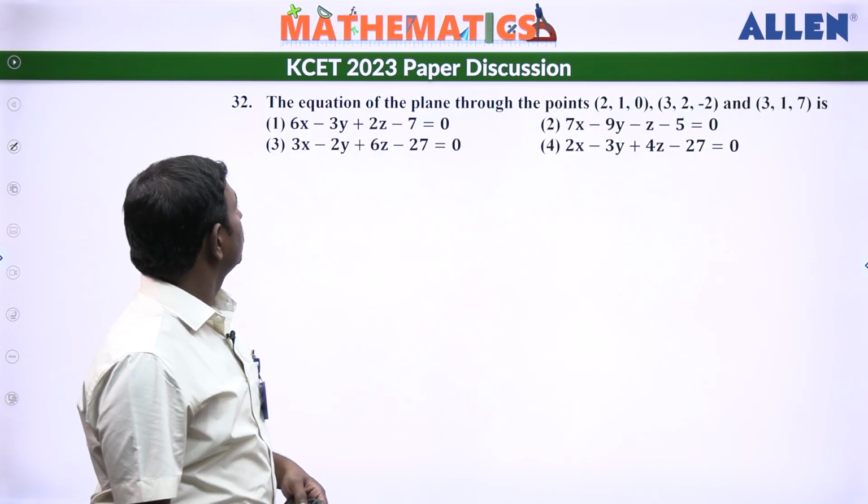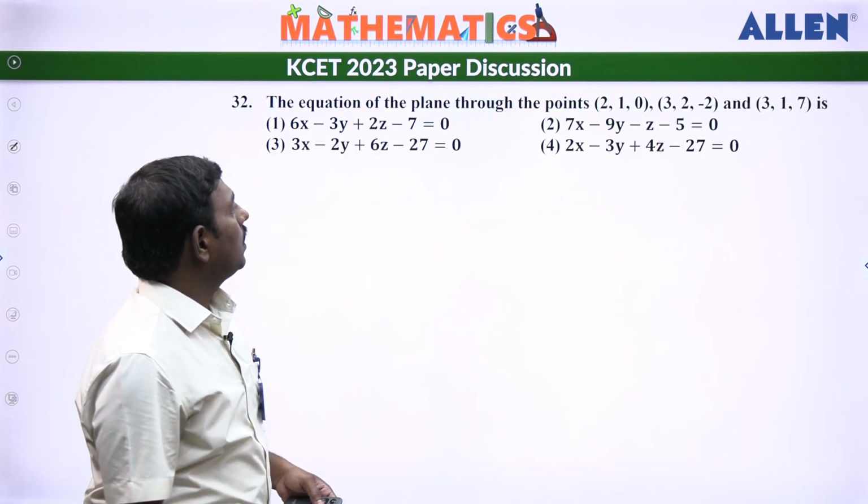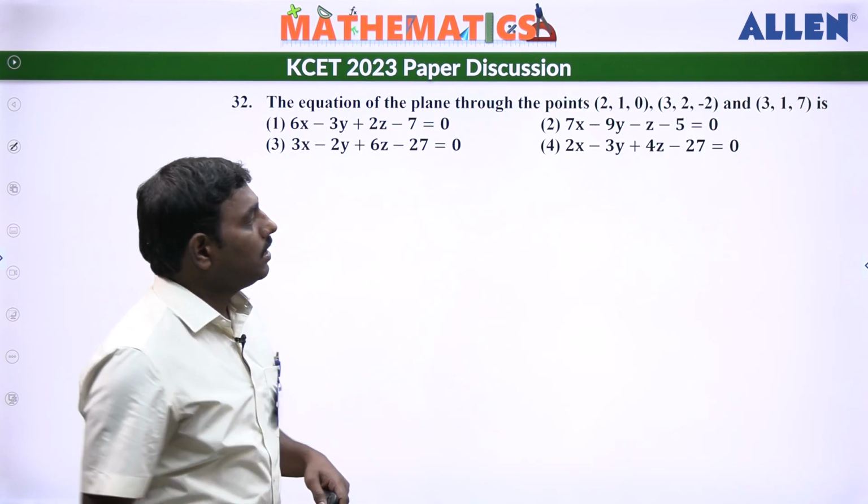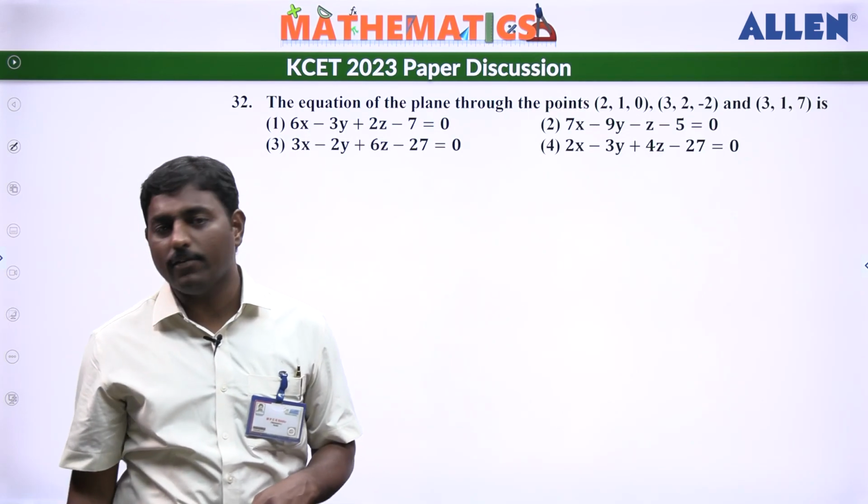Next, question number 32. The equation of the plane passing through 3 given points. What is the equation of the plane passing through 3 given points?